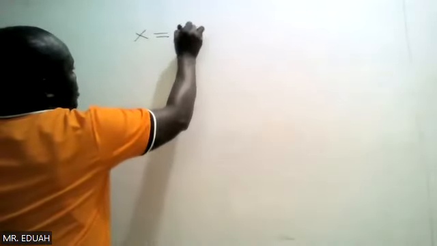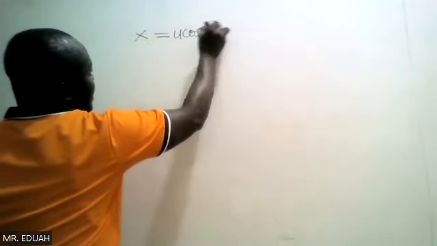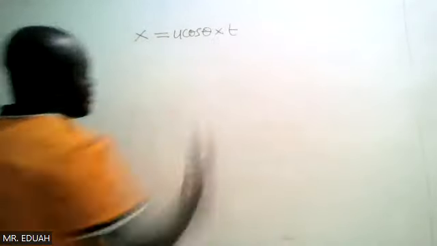At any time t, the horizontal displacement x is given by u cos theta times t.